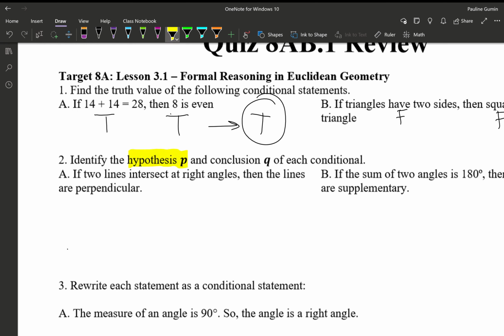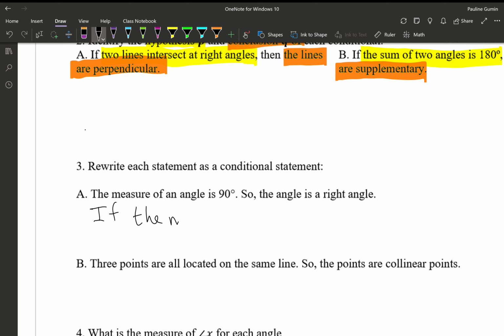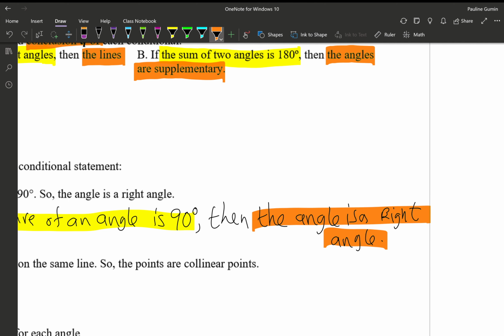If the measure of an angle is 90 degrees, that's my hypothesis, then the angle is a right angle. And that's my conclusion, that the angle is a right angle.